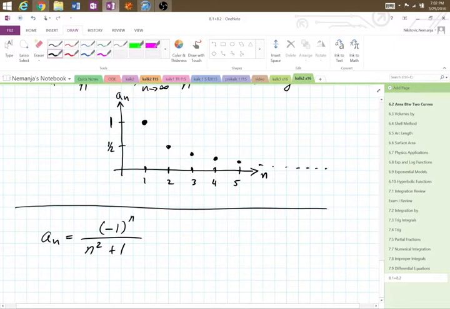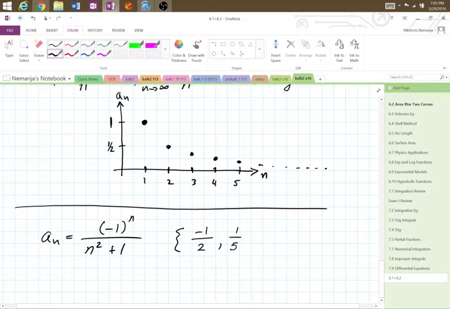Very good. That is going to alternate our terms between the two sides of the x-axis. So let's write this out as a sequence. For n equals 1, the top is going to be -1 and the bottom is going to be 2. Do we all agree on that when n is equal to 1? We do, right? How about n is equal to 2? 1 over 5.